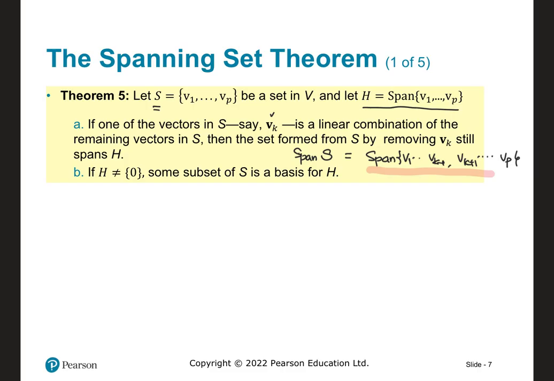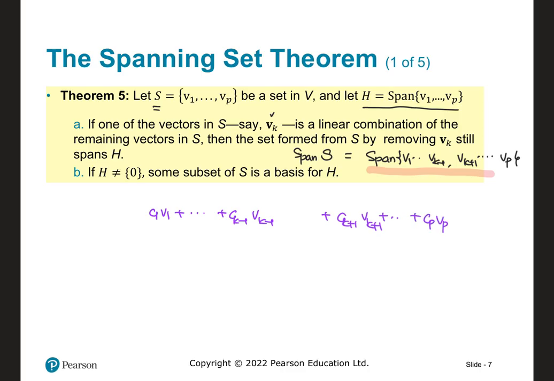If I choose any vector from the right-hand side, that will be C1 V1, C2 V2, up to C(k minus 1) V(k minus 1), plus C(k plus 1) V(k plus 1), up to Cp Vp.